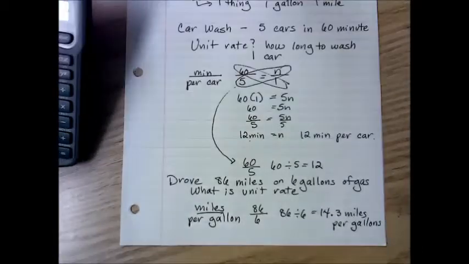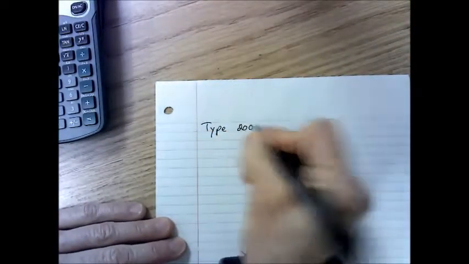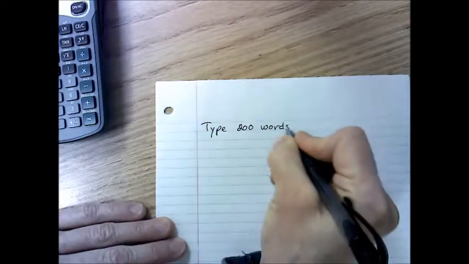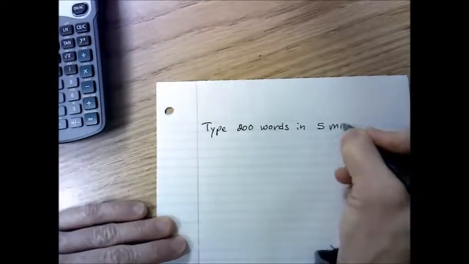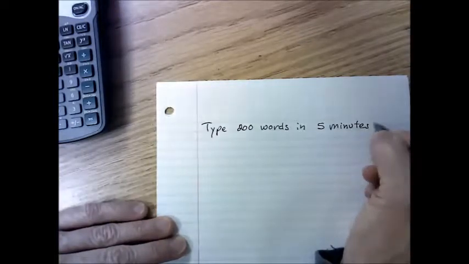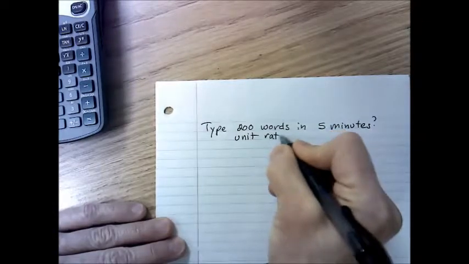All right, let's try another unit rate problem. Let's say we are given the following information, that someone can type 200 words in 5 minutes. And so what would the unit rate be for this?